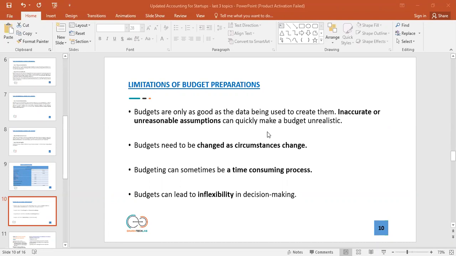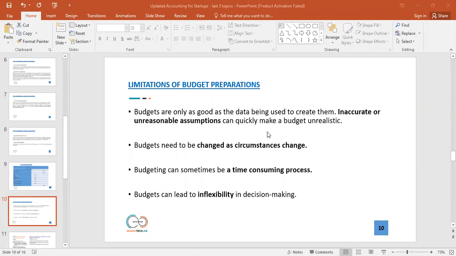But if you create an unrealistic budget, trust me, the next month you find it difficult to create another because you feel that you were not able to achieve your goals. Meanwhile, the problem wasn't with your business, it was with the kind of data that you fed into your budget. All right, so let's try as much as possible to analyze or assess the kind of transactions going on in our business and then budget accordingly.